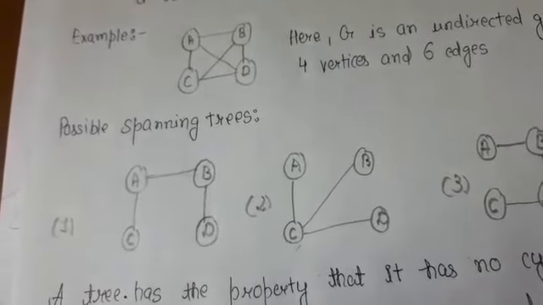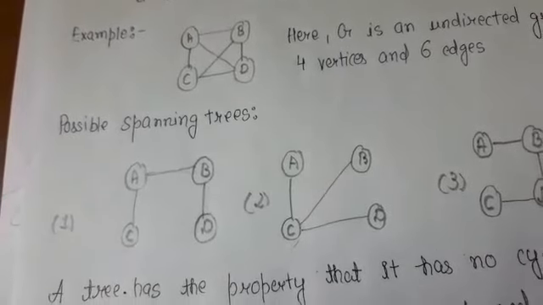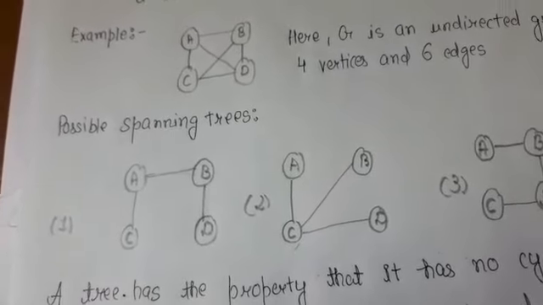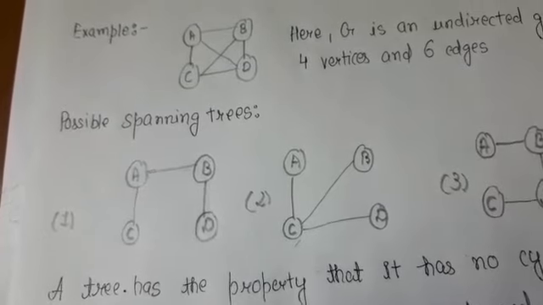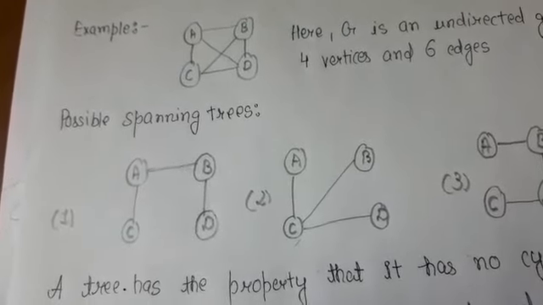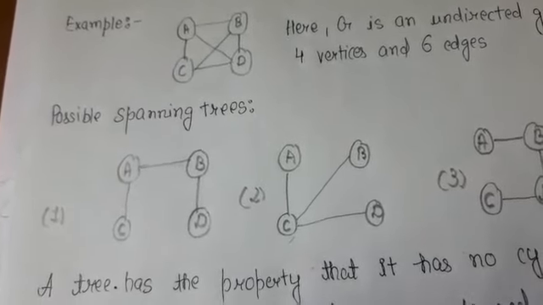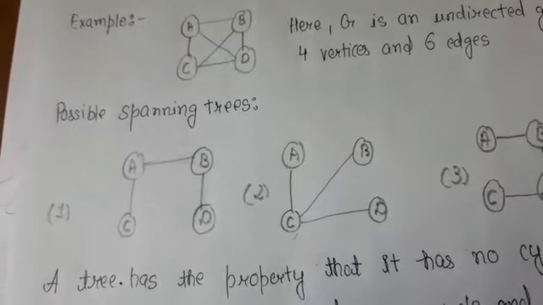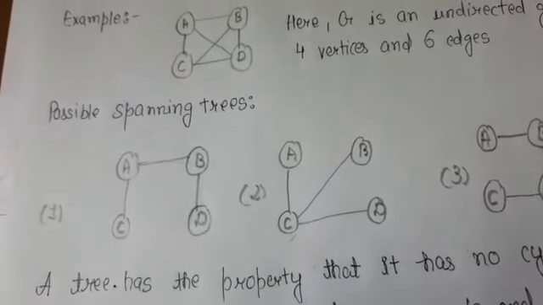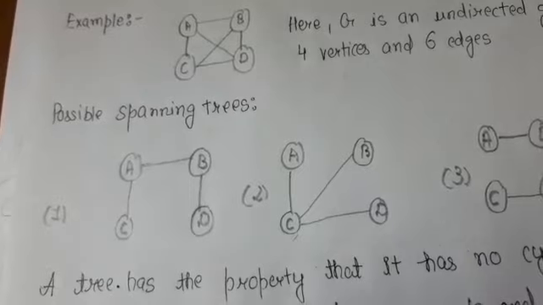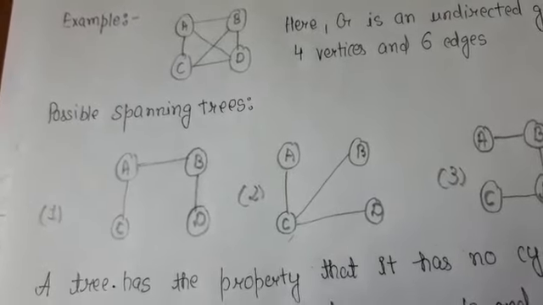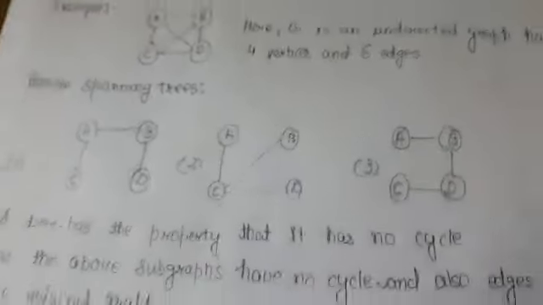If I include one more edge, suppose I take the CD edge, it will create a cycle. If I take the BC edge, it will again create a cycle. If I take AD, it will again create a cycle. So this subgraph does not make a cycle, right?